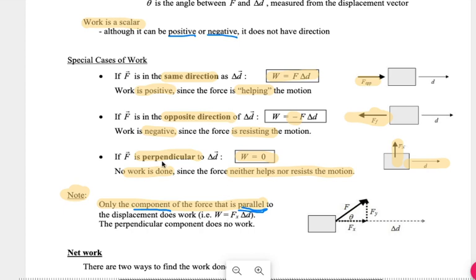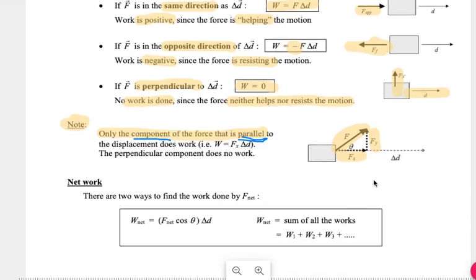If it's perpendicular, it's not doing work. And we can always break up our 2D force vector into its parallel component and its perpendicular component. Here's our parallel and our perpendicular, with our nice math symbols for those. Perpendicular does no work.